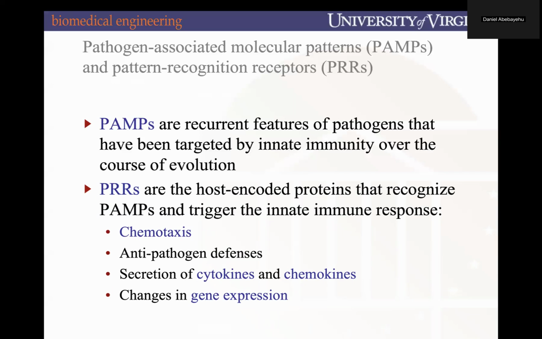Chemokines are proteins that promote chemotaxis, so they lead to the migration and movement of cells towards that pathogen. And finally, the binding of PAMPs to pattern recognition receptors can lead to changes in gene expression, where certain genes are activated that lead to downstream activation of a cell.